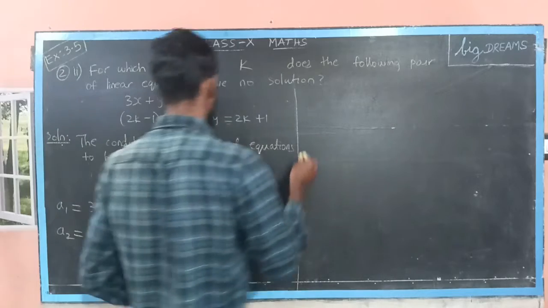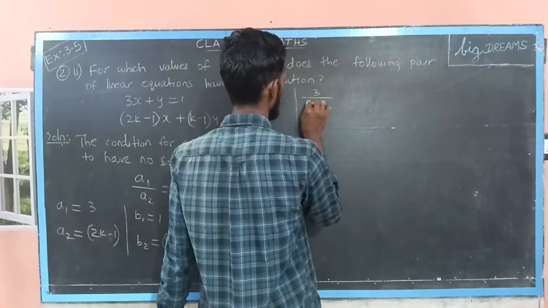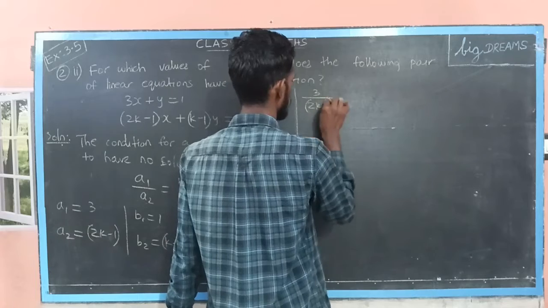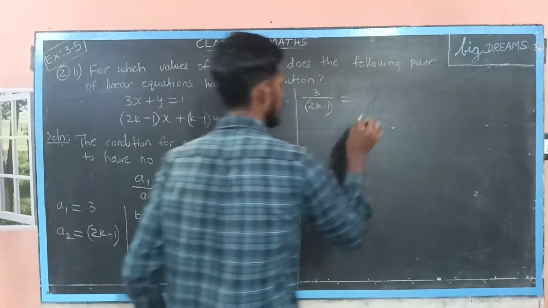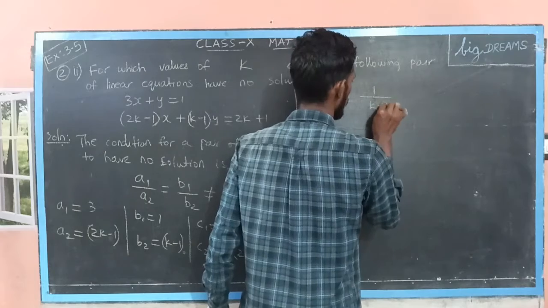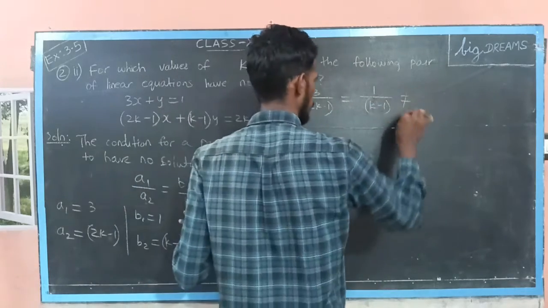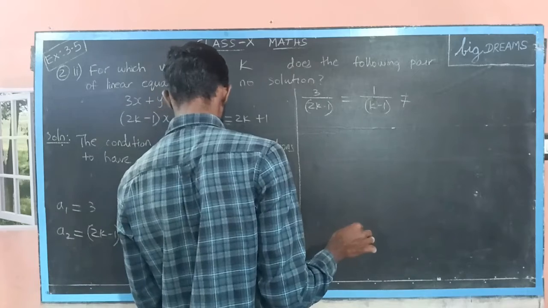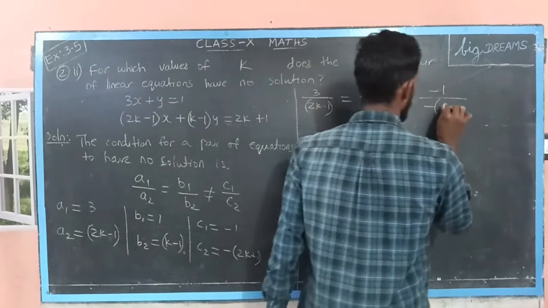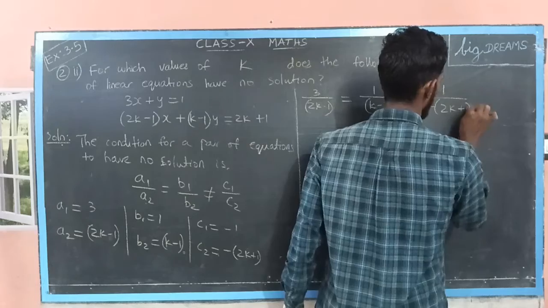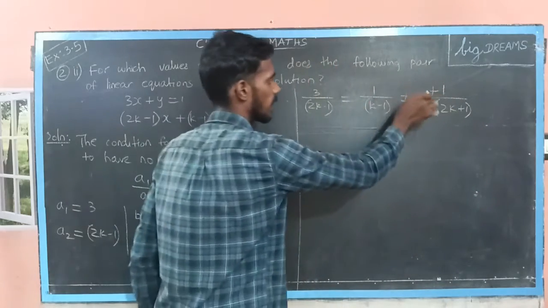Then substitute the values. a1 by a2, that is 3 by 2k minus 1, is equal to b1 by b2, that is 1 by k minus 1, is not equal to c1 by c2, that is minus 1 divided by minus of 2k plus 1. We can cancel these negative signs on the numerator and denominator.